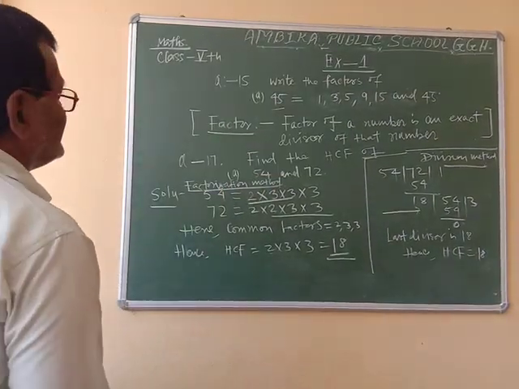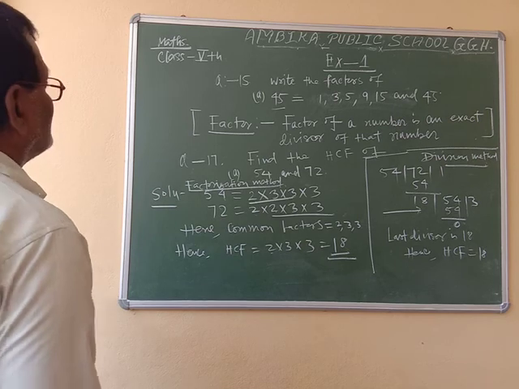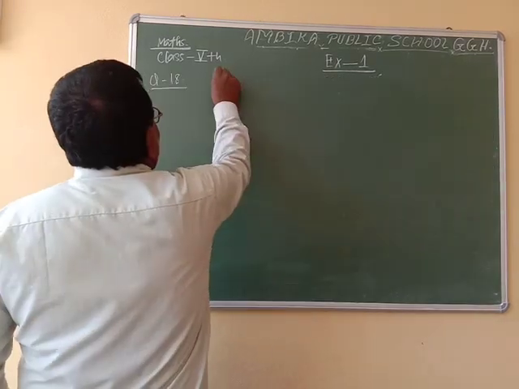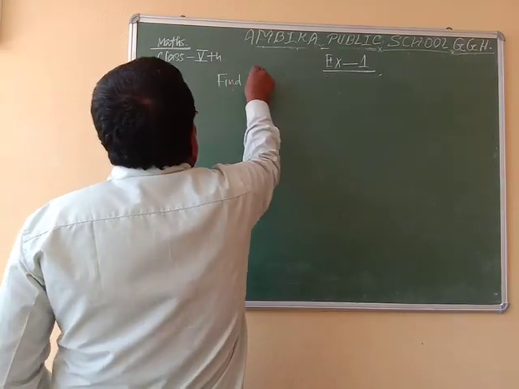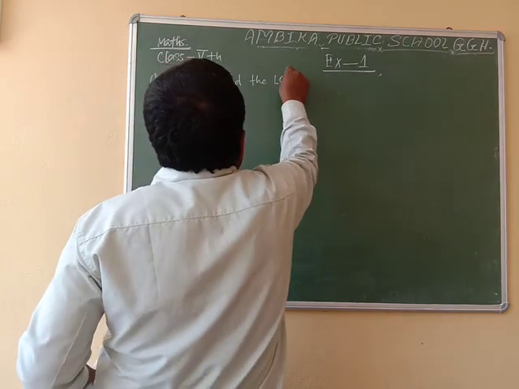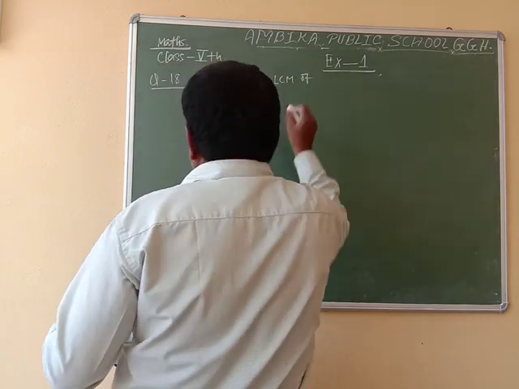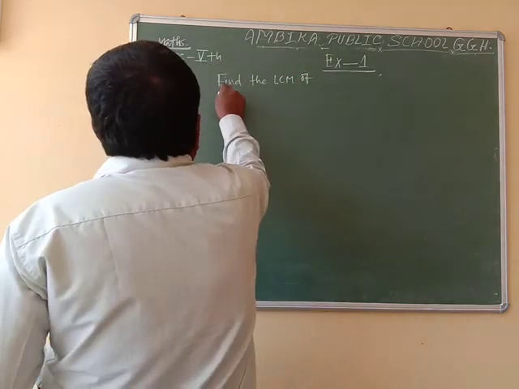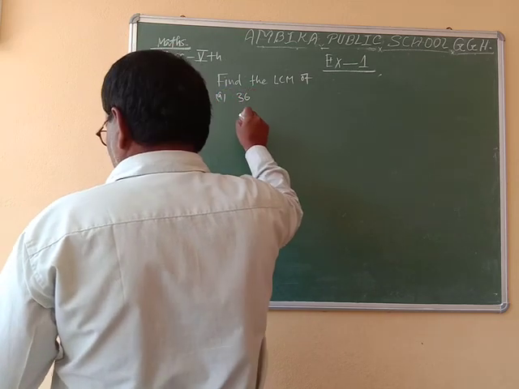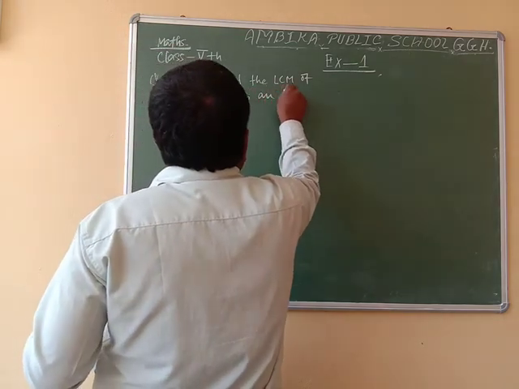LCM of 36 and 42. Example: find the LCM of 36 and 42.